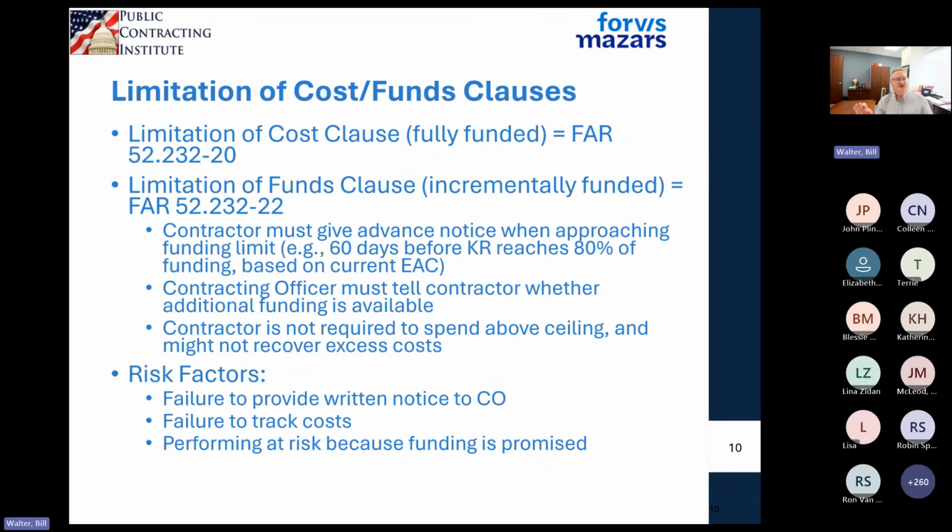I see a lot of companies come in and say, hey, Bill, we put in our incurred cost proposal, and under this contract, the government owes us X millions of dollars. And I'm like, oh, okay, well, what's the funding level on the contract? And they're like, oh, we built up to the ceiling, but we did the ICP, the incurred cost proposal, and it shows that our indirect rates were higher, so they owe us money. Well, they don't owe you money.